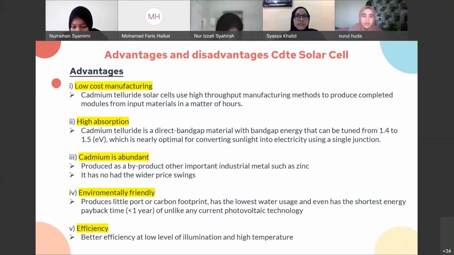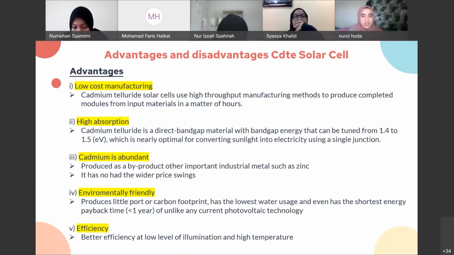There are some advantages and disadvantages of cadmium telluride solar cells. For the advantages, first, cadmium telluride solar cells are low cost to manufacture, because they use high throughput manufacturing methods to produce a complete module from input materials in a matter of hours.